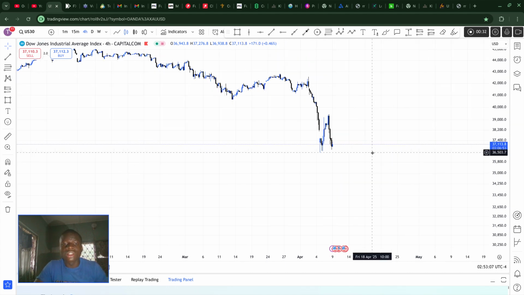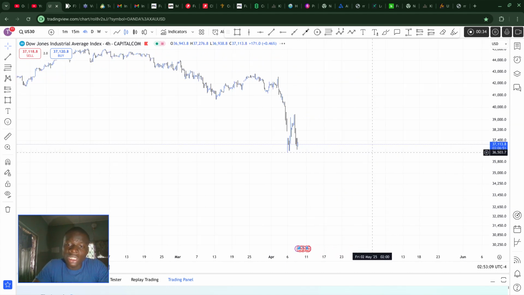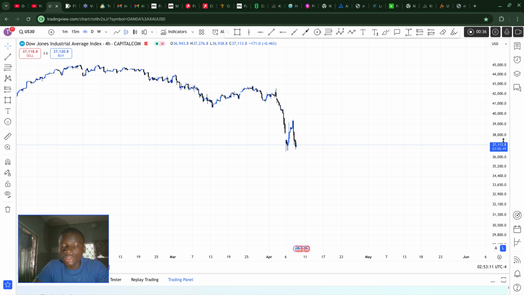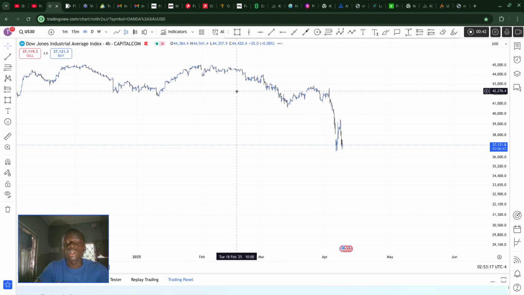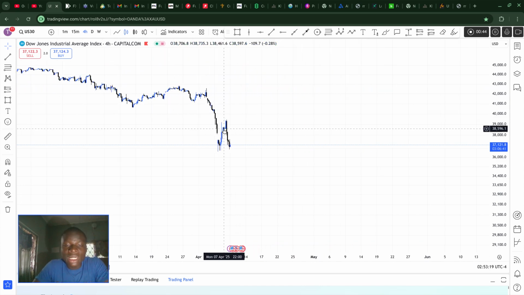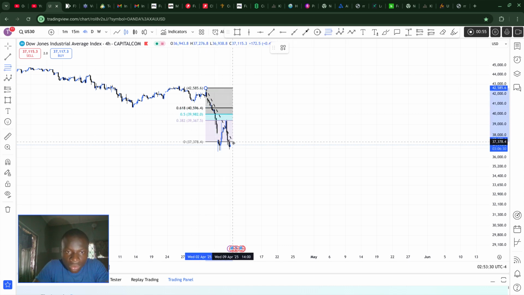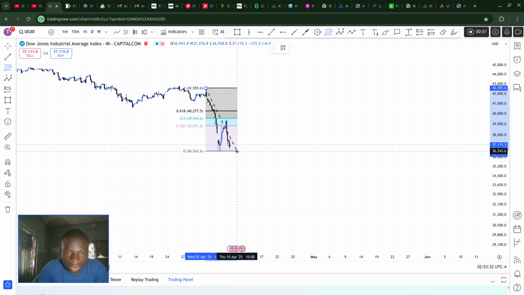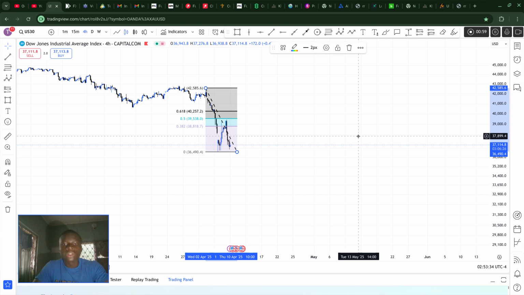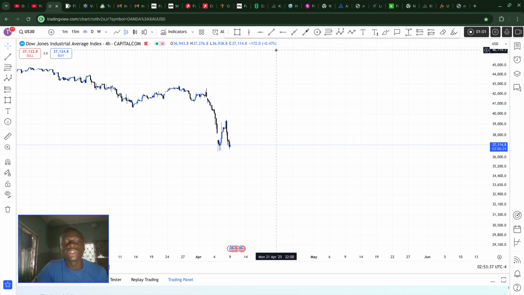So the first thing is that, as you can see, we stayed on our downtrend on the 4 hour higher time frame. We're currently in a downtrend, and the pullback has ended, so we currently switch bearish.